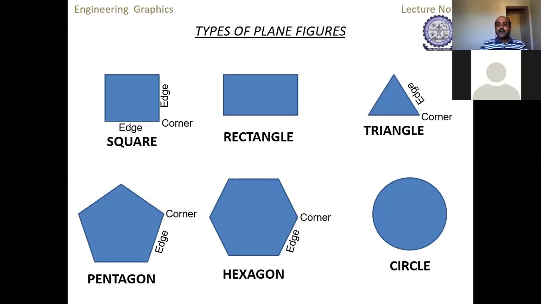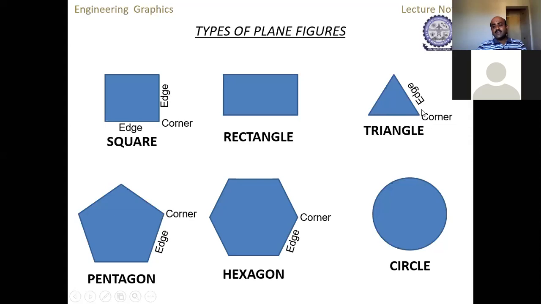A polygon might have n sides. If a polygon has three sides, the number of sides is three, we call that a triangle, right? So a triangle will have edges. This is the edge of a triangle, and two edges will meet at a common point, which we call a corner.